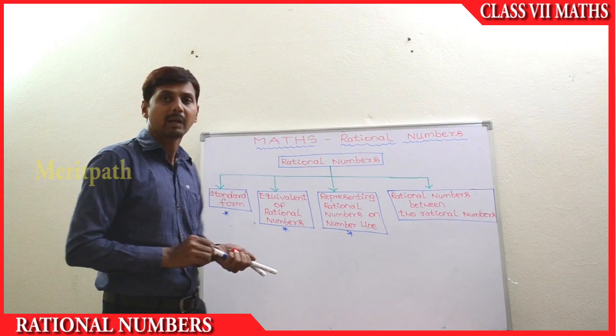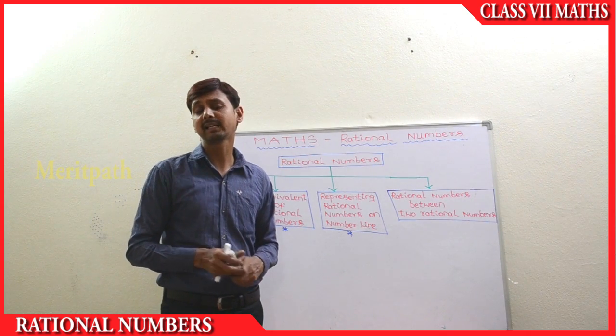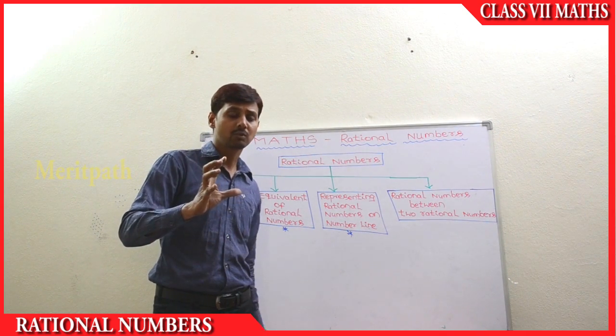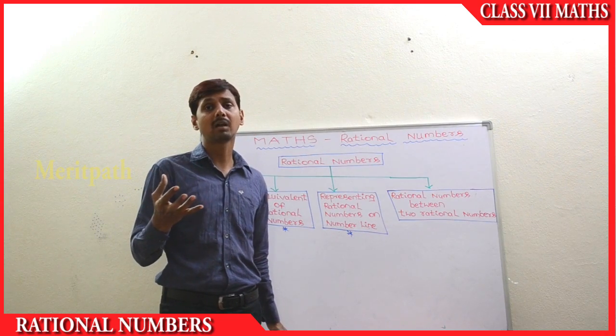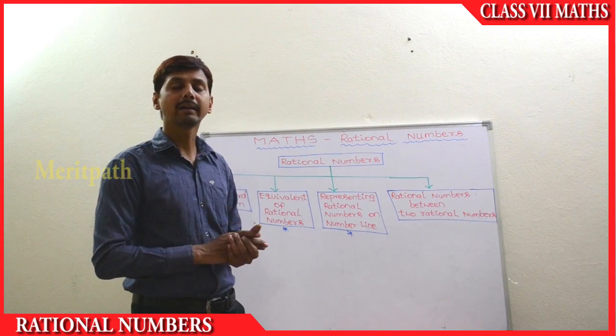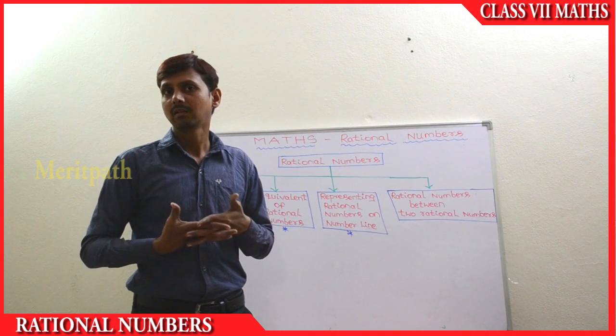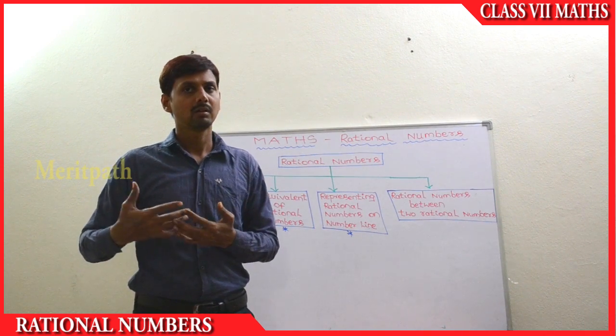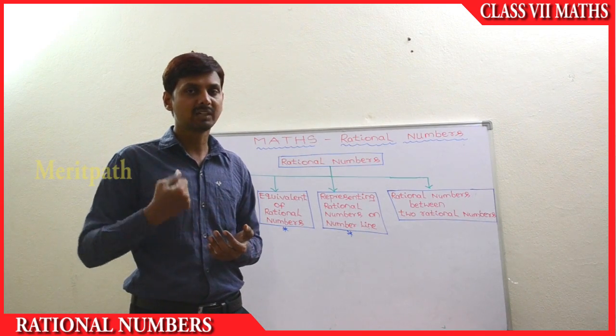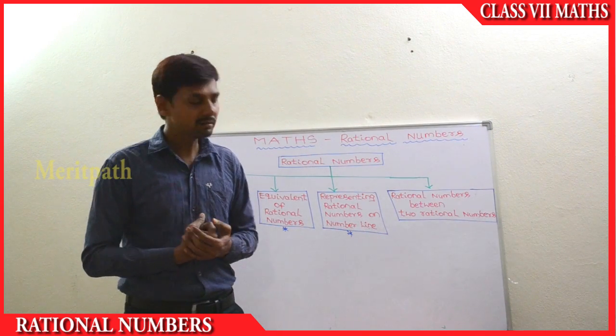In previous classes we have learned how to represent natural numbers, whole numbers and integers on the number line. In the same way, let's take an integer line to represent a rational number on the number line.